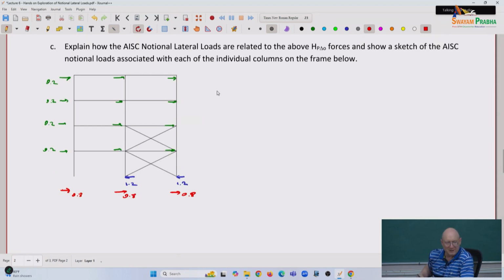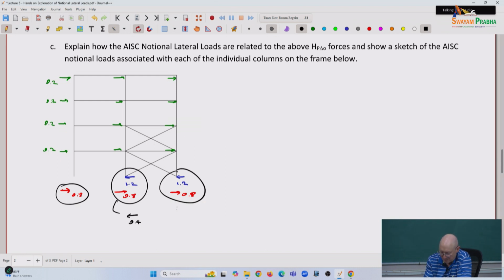So what this is trying to illustrate is, I think we can close out by saying this. If we sum these two effects, well, 0.8 is what we've got here. So this would be a 0.4 to the left, and this would be a 0.4 to the left.